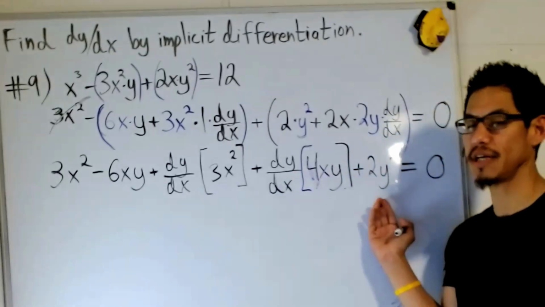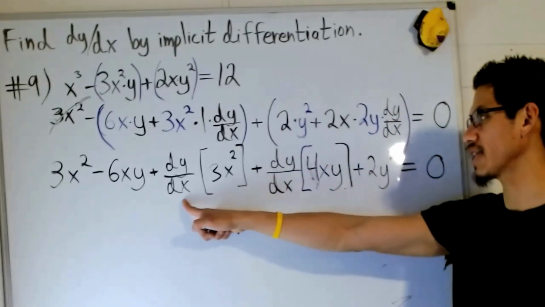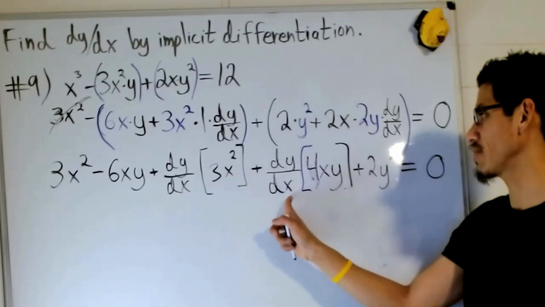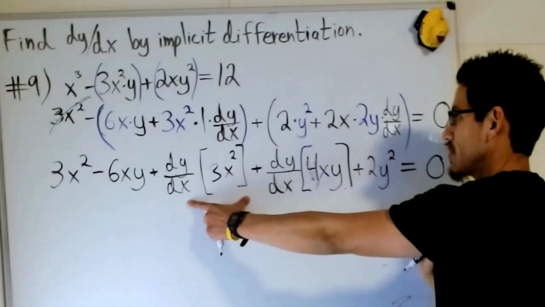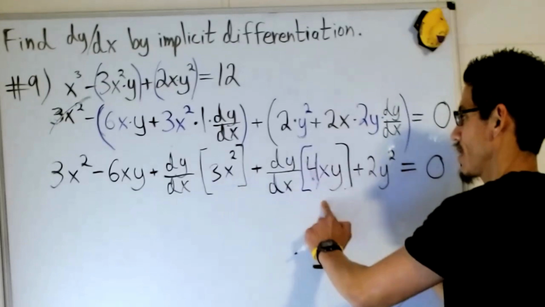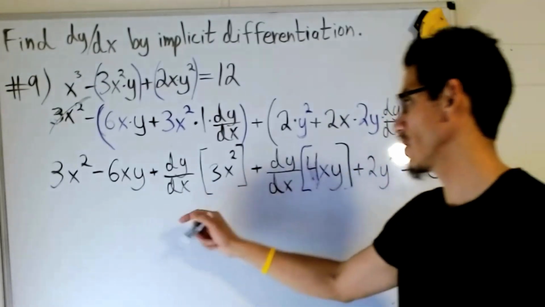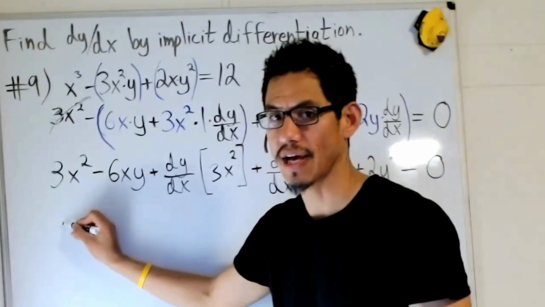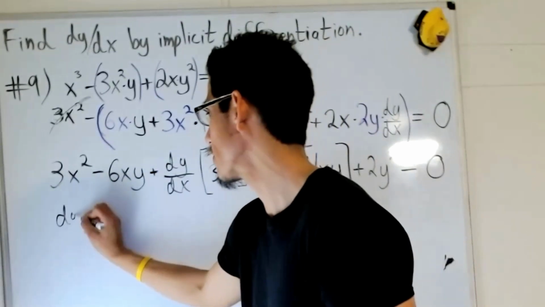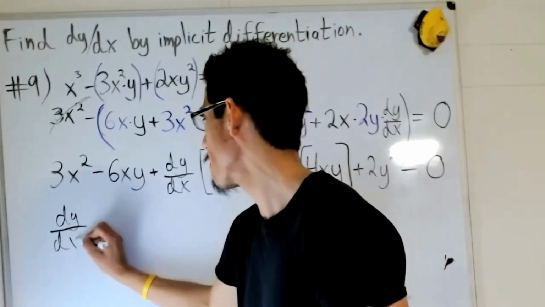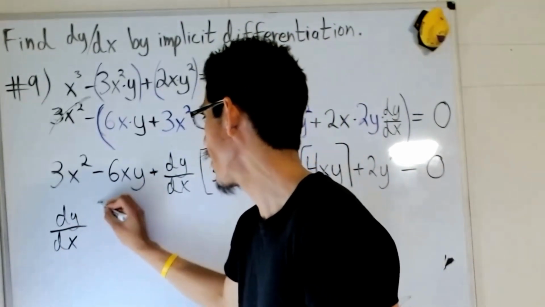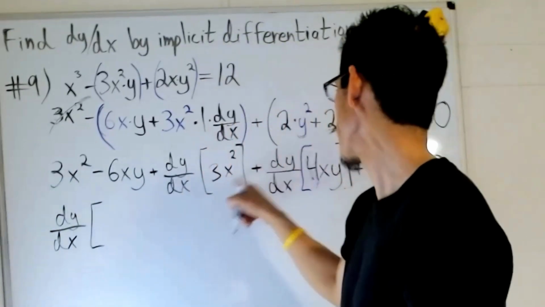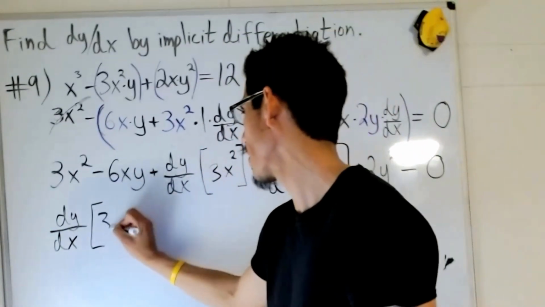And now see here, we have a dy/dx term and a dy/dx term here. So we can factor out dy/dx from this group and this group. So let's first take care of that. So let's put dy/dx in front, and that'll be multiplied by 3x squared plus 4xy.